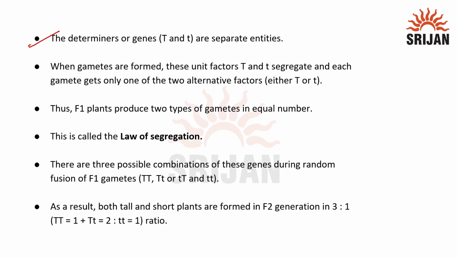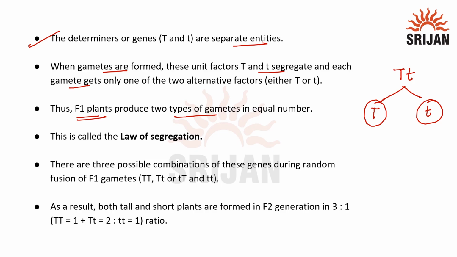These determiners or genes are separate entities, and when the gametes are formed, only one of them goes into each gamete. Let's take an example. If a plant has the genotype capital T small t, during gamete formation only one factor can go into each gamete, either the capital T or the small t. And thus the F1 plant is going to produce two types of gametes, and these gametes are going to be equal in number, and this law is called the law of segregation.